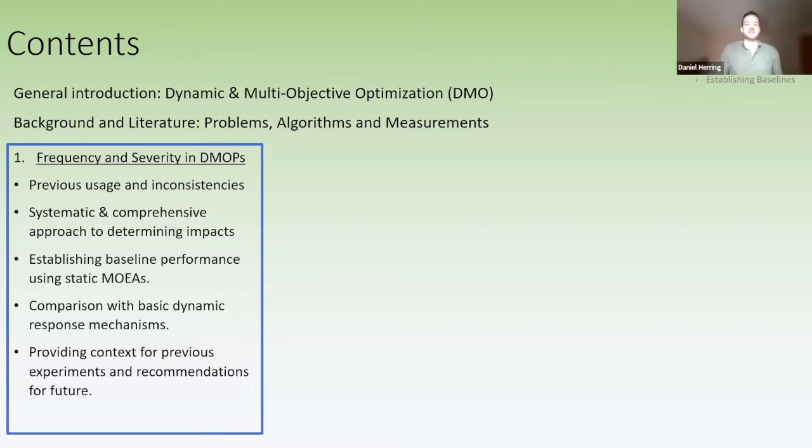This obviously results in a limited applicability or relevance of their conclusions, difficulty making comparisons with other works, and poses questions about the strength of claimed algorithm performance, for example. A systematic, comprehensive, and reproducible methodology is provided, and a baseline for future comparisons is established using well-known algorithms and simple dynamic response mechanisms.